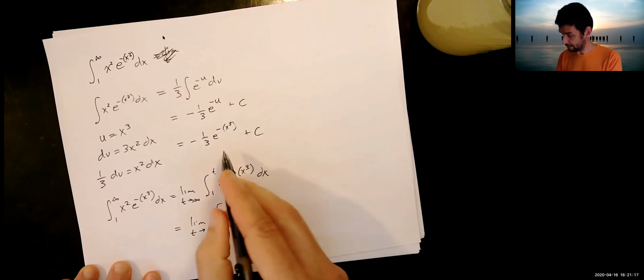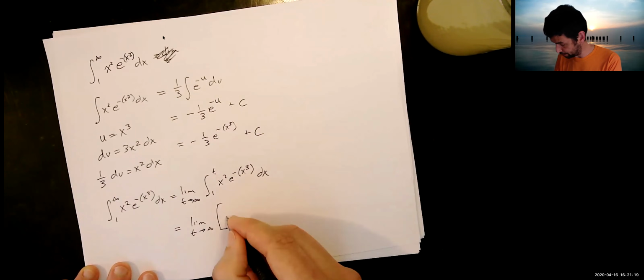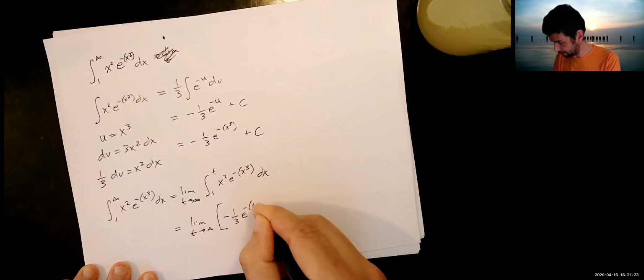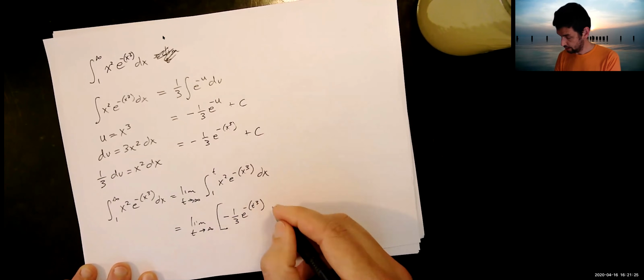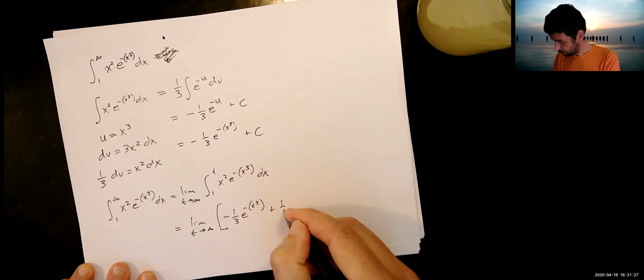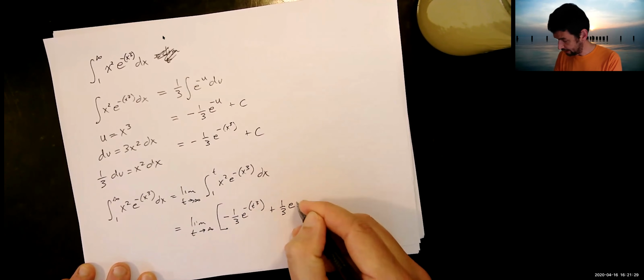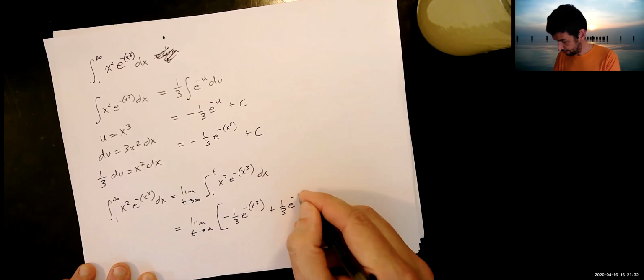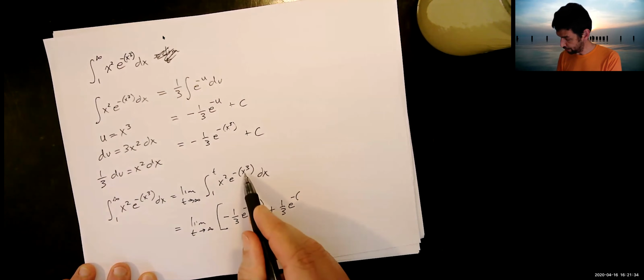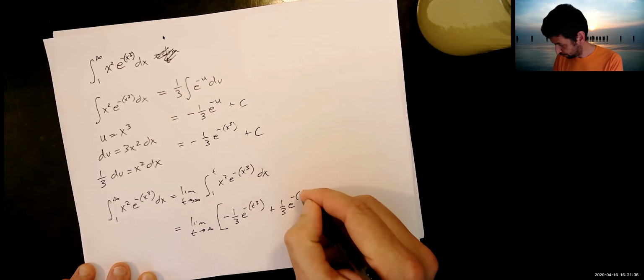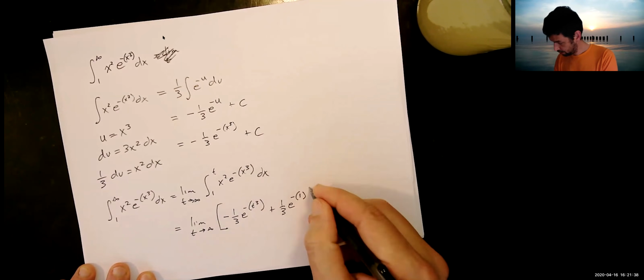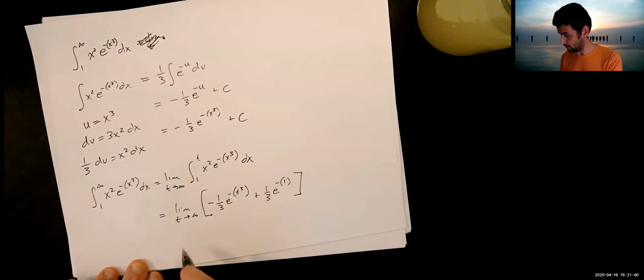I've already got my antiderivative here. It'll be negative 1/3 e to the negative t cubed plus 1/3 e to the negative, and I'm putting in 1 for x, so just 1. Right, so what does this all look like?